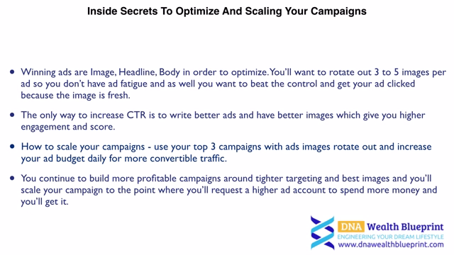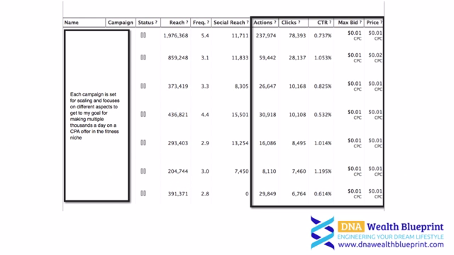This is like a 300-mile high view of the secrets to optimizing and scaling your campaigns and what you kind of need to look out for. So ultimately, when you do something like this, you're going to start to get campaigns like this.